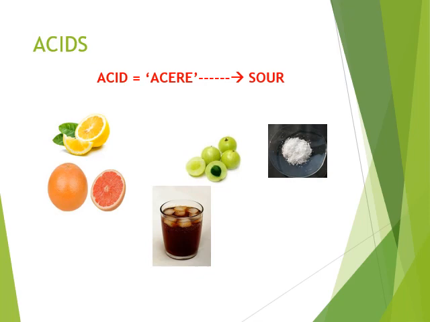To understand this, let's perform an interesting activity. In this activity, we have to taste certain things. But mind it, do not taste or touch anything unless you are asked to do so. For this activity, we have to collect the samples of certain things.